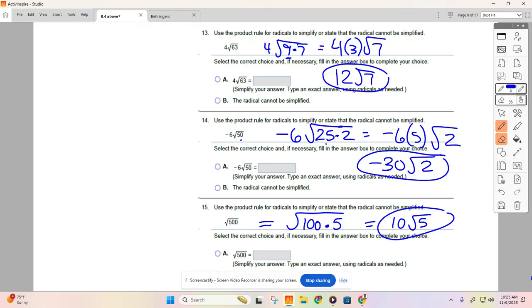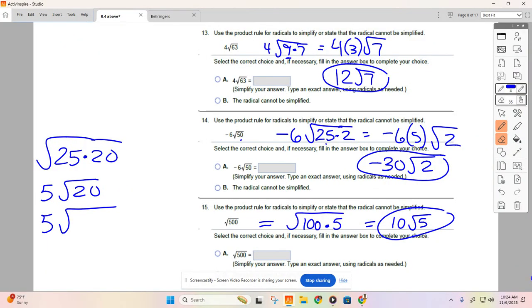So Patrick, you said 25? Okay. Don't write this down. I just want to show you this. 500, I can separate it. It goes 25 times 20, okay? I can take that square root of 25 out to give me 5 square root of 20. But square root of 20 can still be separated as 4 times 5.